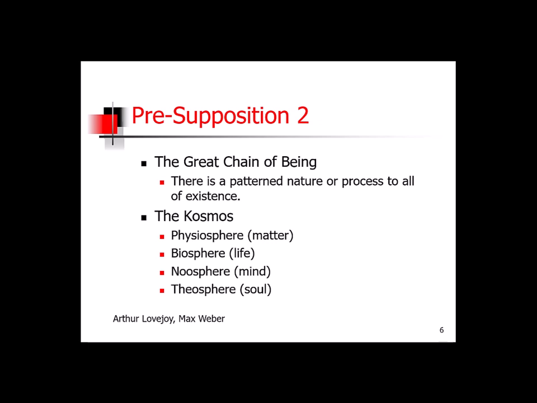The Greeks called this the cosmos, and the cosmos has different levels of existence. For now, we'll call them the geosphere, or matter, biosphere, life, noosphere, mind, and the theosphere, spirit.